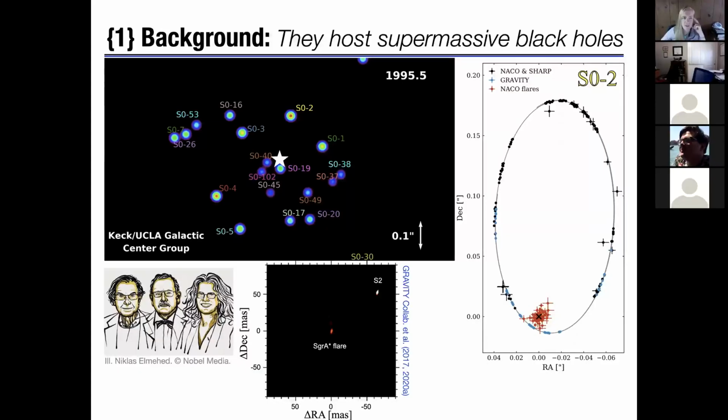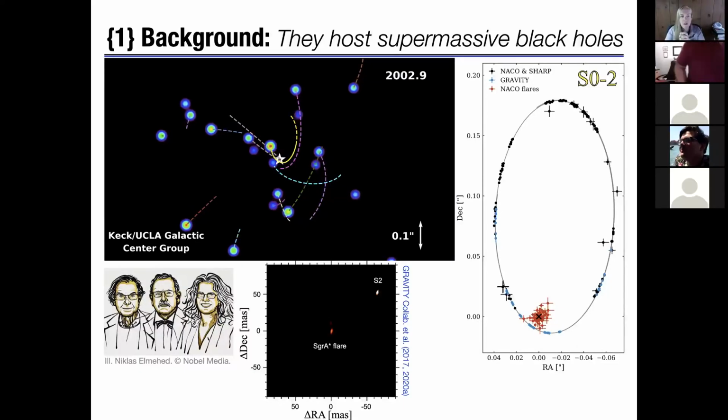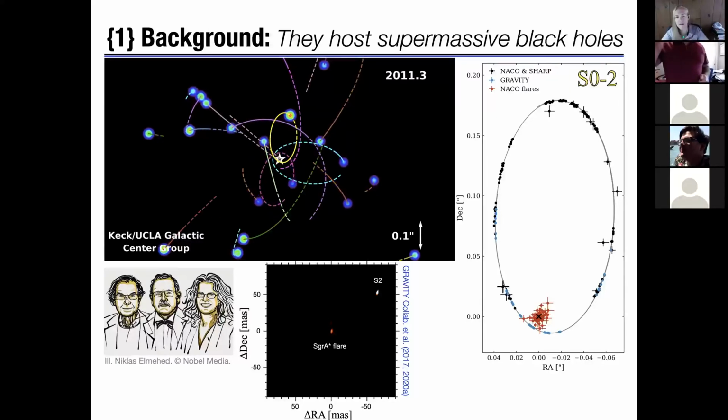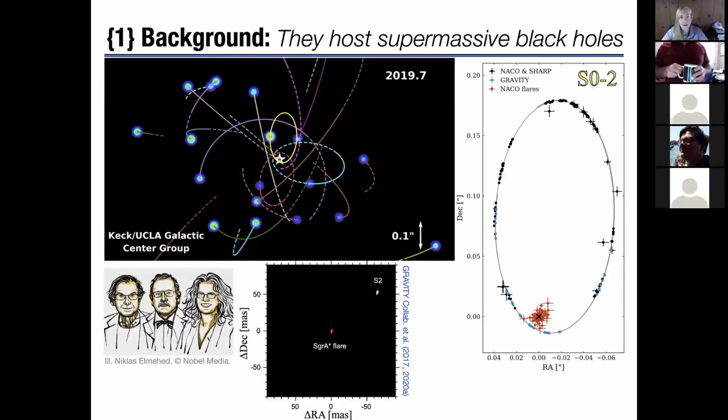So you can see each of these little rainbow hotspots is a star in the Milky Way center. And over the course of 20 years or so, you can see that they all move around this position that's marked by this little white star. And this is the dynamical center of the Milky Way.